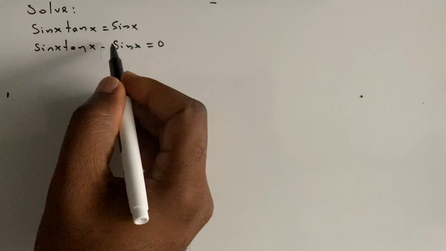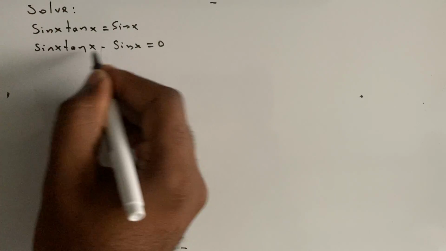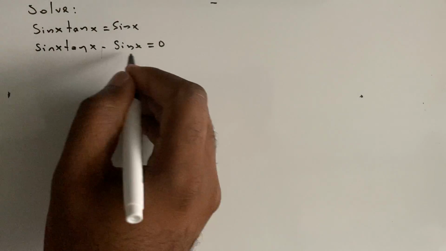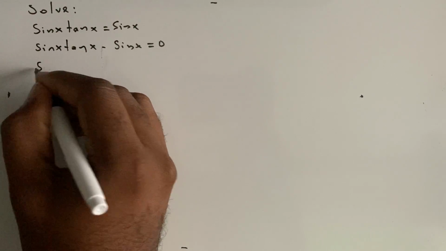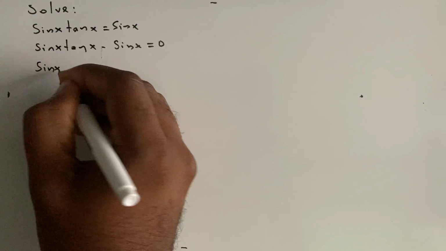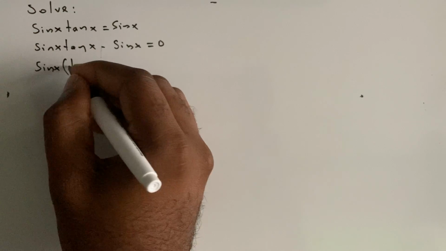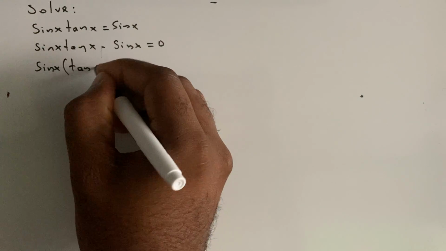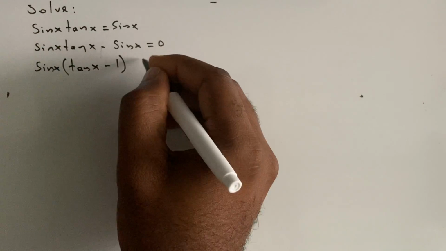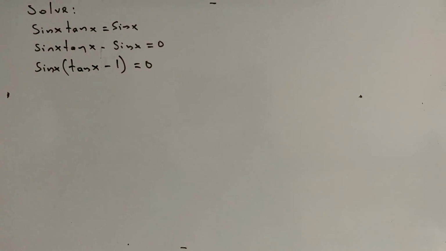Then from here, you have two terms, so the GCF is sine of x. We can factor sine of x out. So we have sine of x factored out as the GCF, then tan x minus 1 equals 0.